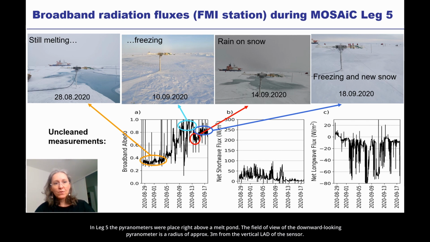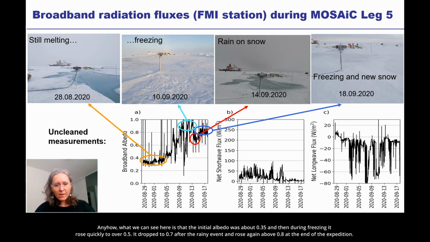The field of view of the downward-looking pyranometer is a radius of approximately 3 meters from the vertical of the sensor. Hence, the white scattering ice also contributes to the measured reflected irradiance. These are raw data, not yet cleaned from the spikes due to frost in the dome of the sensors.